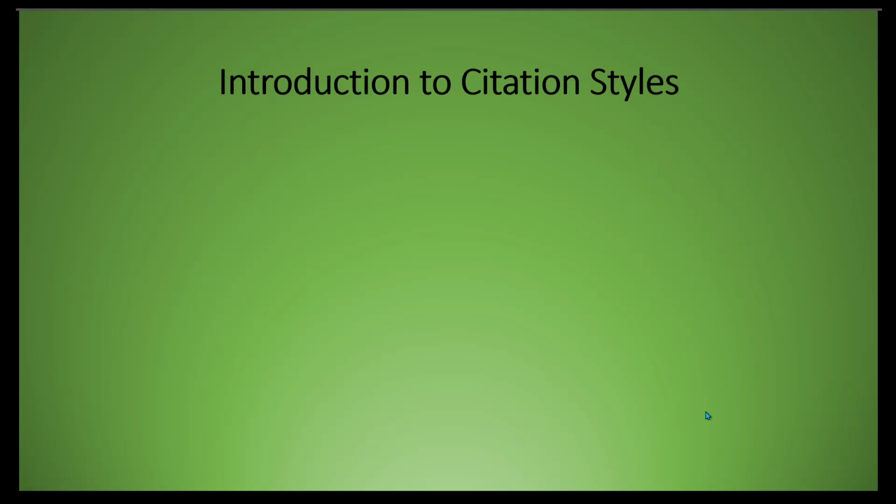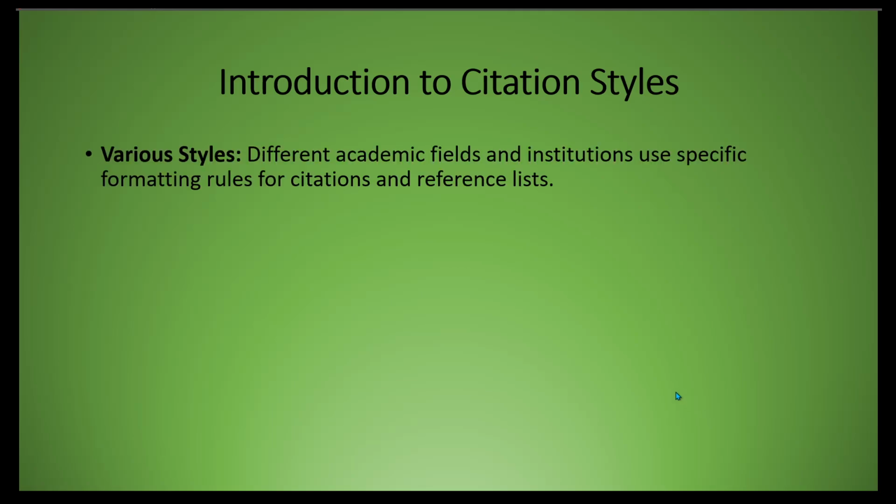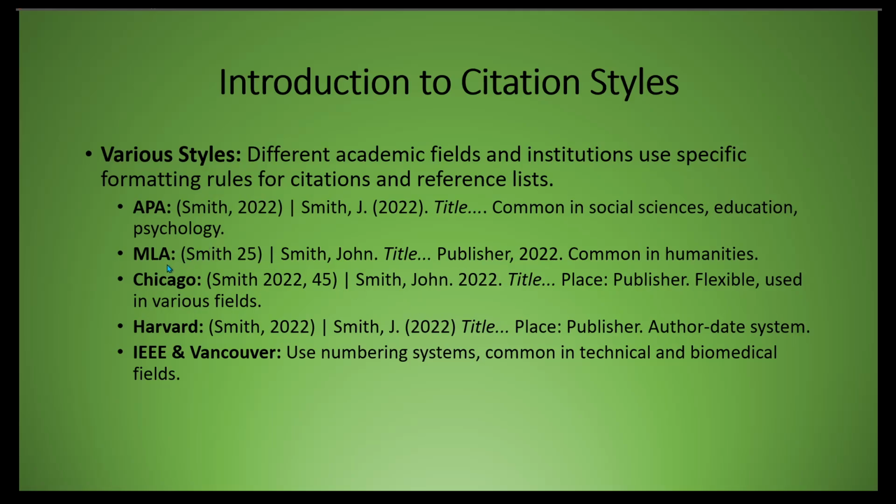Okay. So we're going to talk about different citation styles. There's many styles that exist. APA, MLA, Chicago, Harvard, IEEE, Vancouver, they all have different uses. They are used a lot in different fields. So MLA is used commonly in humanities.